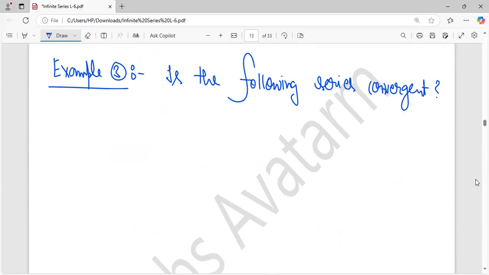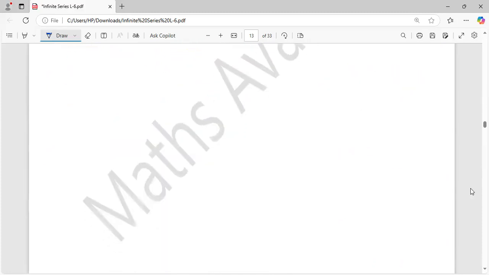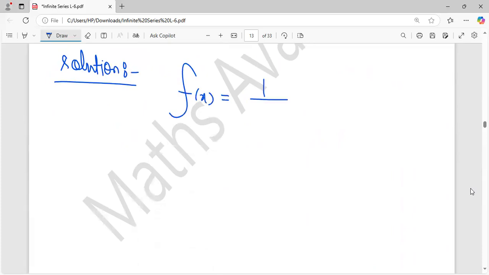The series is summation n goes from 1 to infinity of 1 upon 2 to the power log n. Okay. Solution. You see this function f(x) is equal to 1 upon 2 to the power log x.